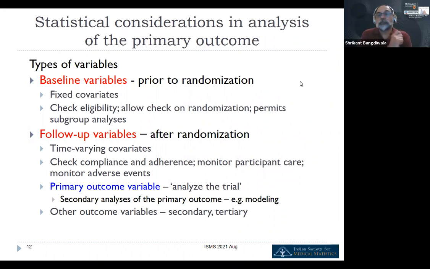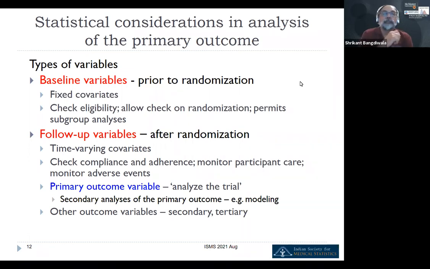They're used primarily to check eligibility and also to check on whether the randomization balanced the groups at baseline. It also enables us to do subgroup analysis, because we may subgroup on gender, age group, or level of severity of their condition, etc.